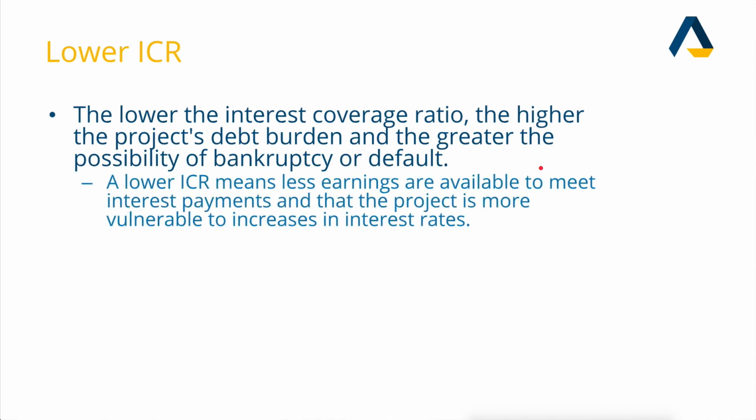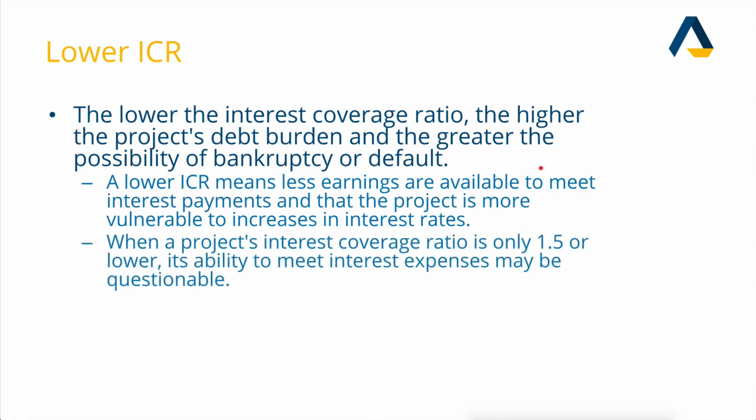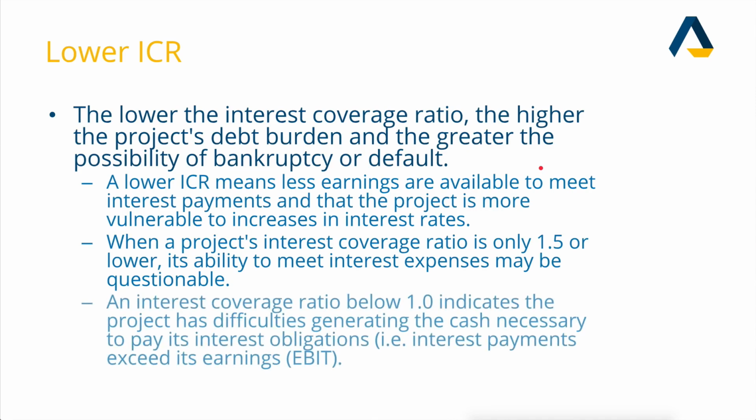A lower ICR means less earnings are available to meet interest payments, and that the project is more vulnerable to increases in interest rates. When a project's interest coverage ratio is only 1.5 or lower, its ability to meet its interest expenses may be questionable.